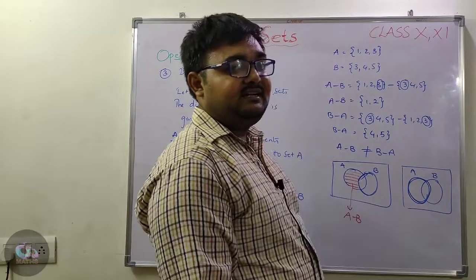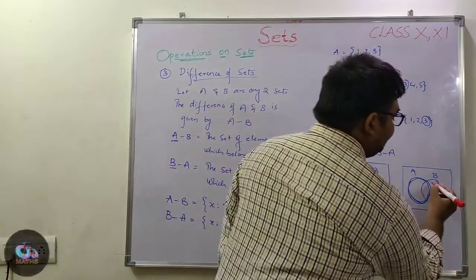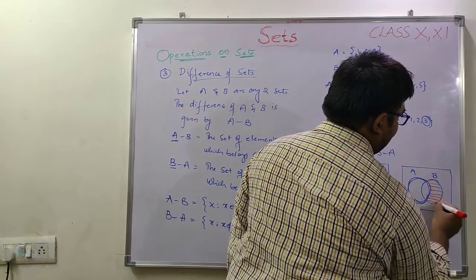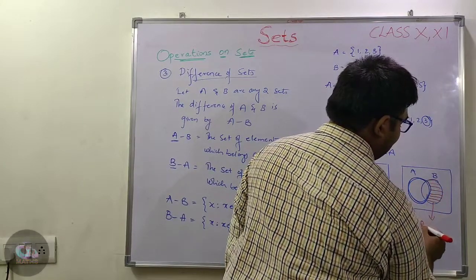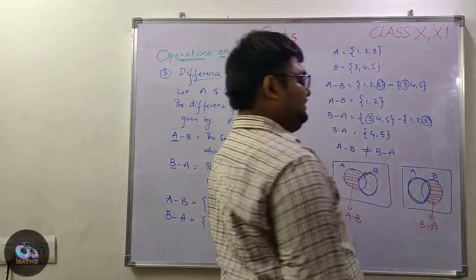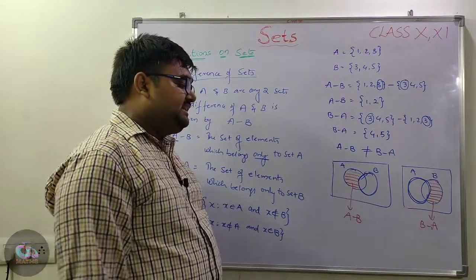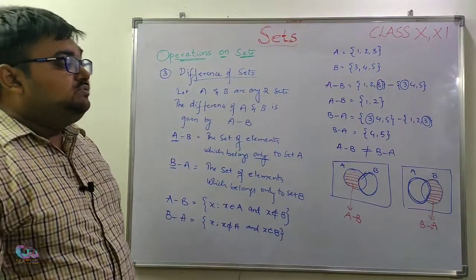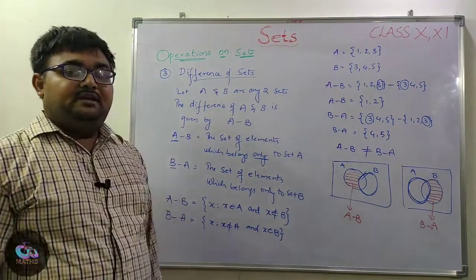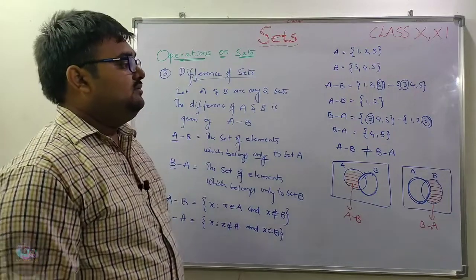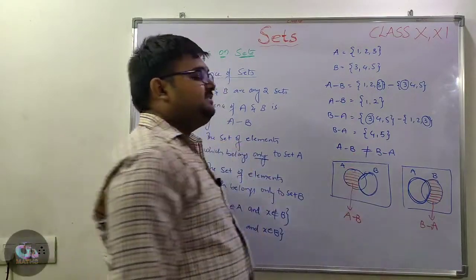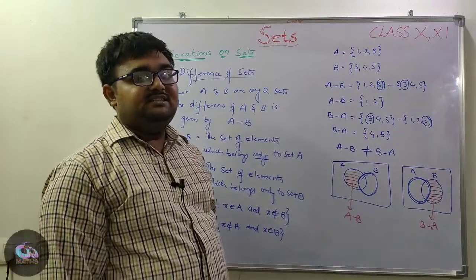Other than that, whatever part is left, we treat as B minus A. So this particular part is B minus A. These two are the differences of two sets A and B. Here we need to remember A minus B is not equal to B minus A.